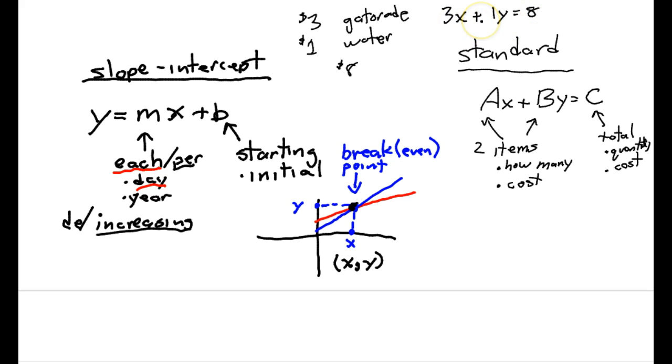And that's the standard form. So if you have 2 items, this is the fastest way of writing an equation. If you know how much they are, or sometimes they say, well, I bought 3 Gatorades and I bought 1 water. It could be the price or how many there are. So a quick way of finding this, and then we could go ahead and solve this in slope-intercept form and graph it if we wanted to.